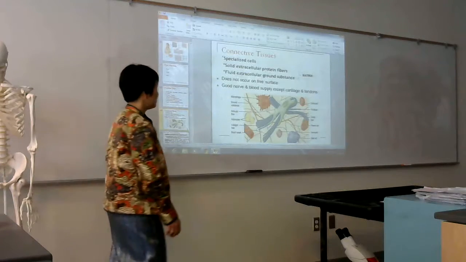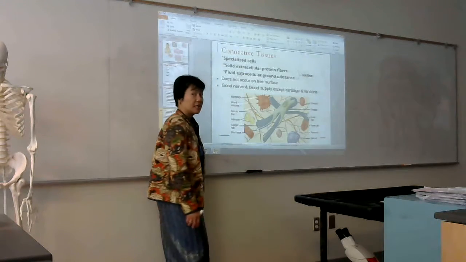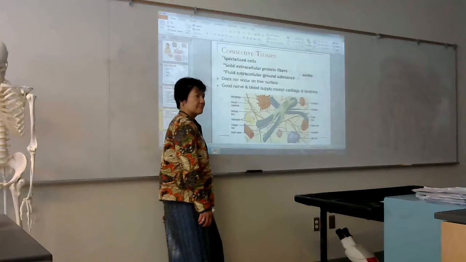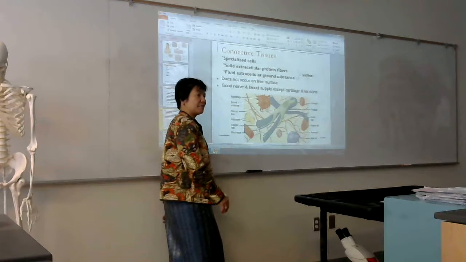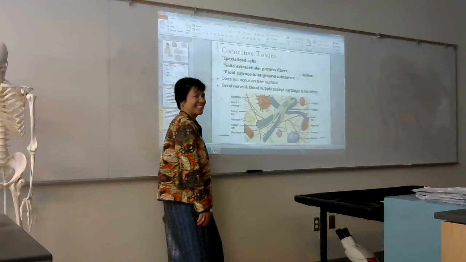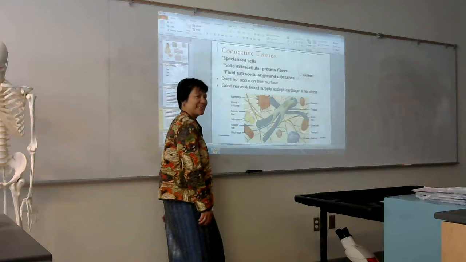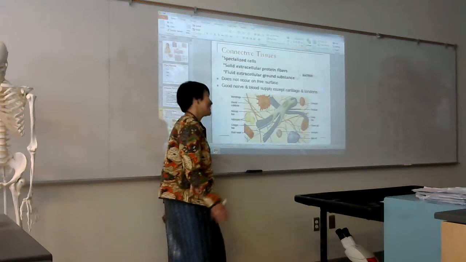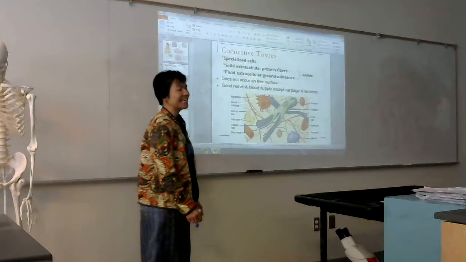What's the specific name of it? Glycosaminoglycans. Who can spell it for an extra point? Thank you. Extra thank you. Extra 1 point. Spell it. Say it one more time. Glycosaminoglycans.